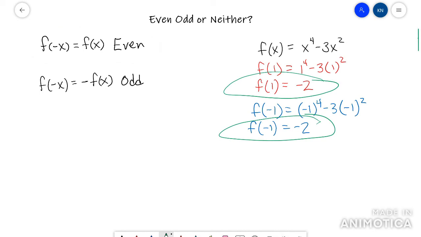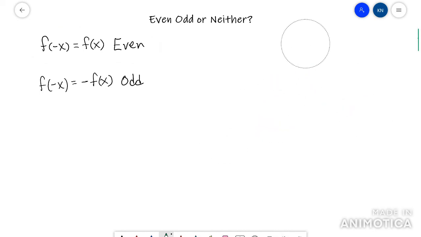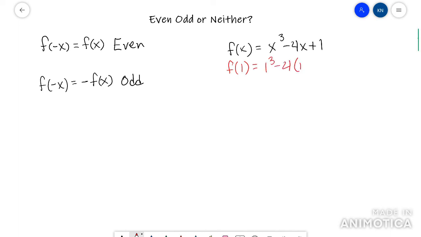So an example of what that'll look like when it's neither would look like this. All right, I'm going to plug in 1 first. If you plug in 1 and do your algebra there, you would get -2.